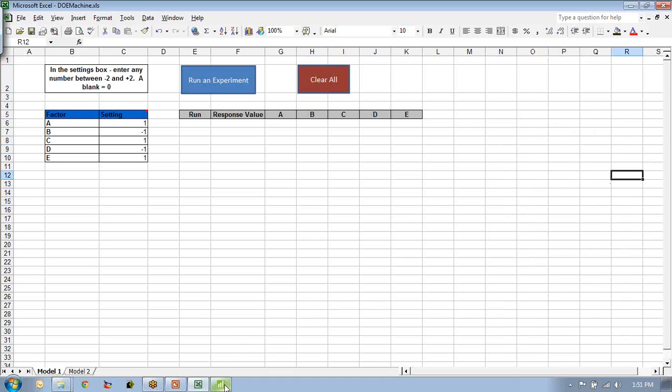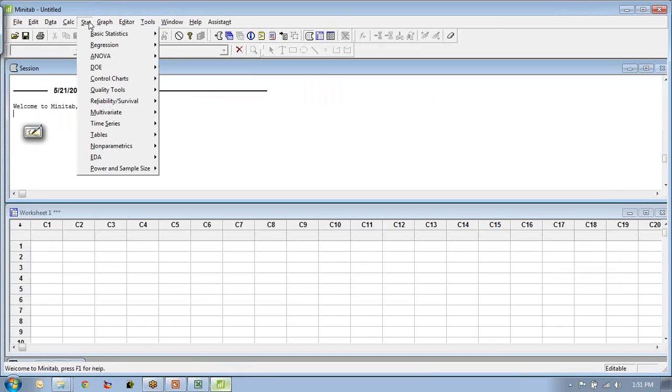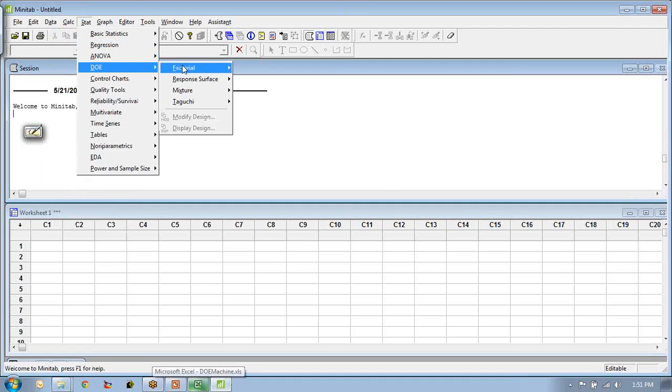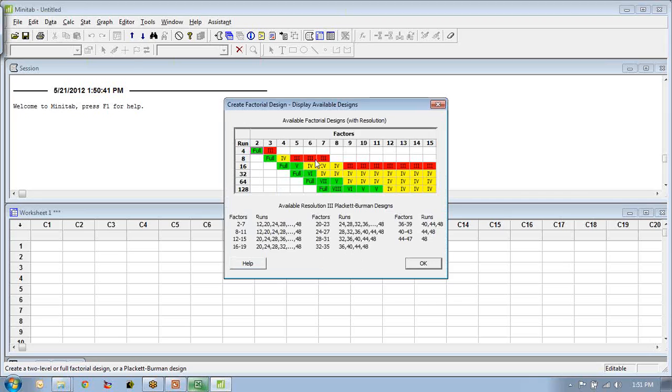We'll just go ahead and do this in Minitab. So 5 factors. I want to run an experiment to figure out, to crack the code as to what is the formula for this. So let me see. Maybe one way to do it would be to run a factorial design. I have 5 factors, and I want to do it fairly efficiently, and I don't want to spend a lot of money.